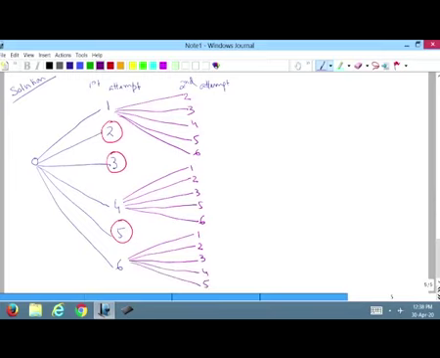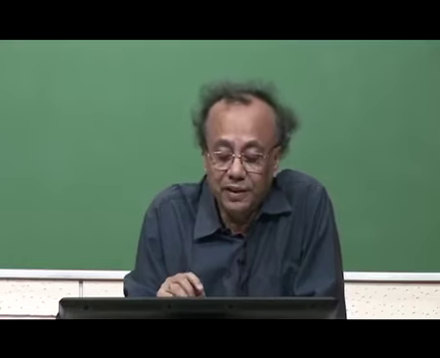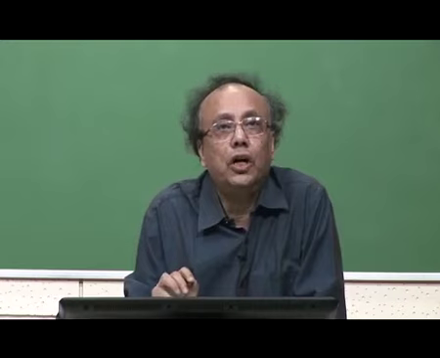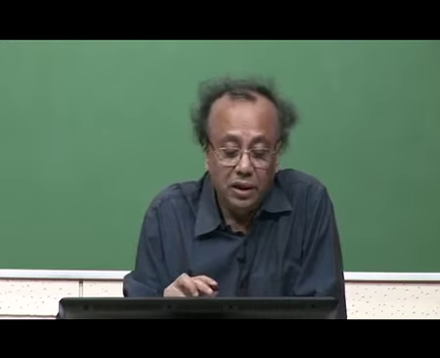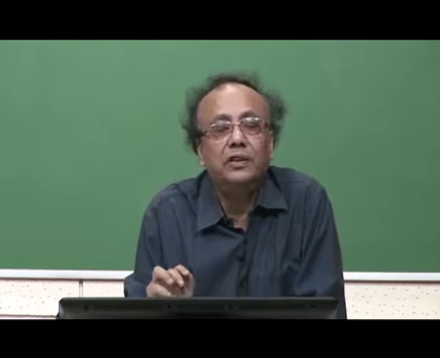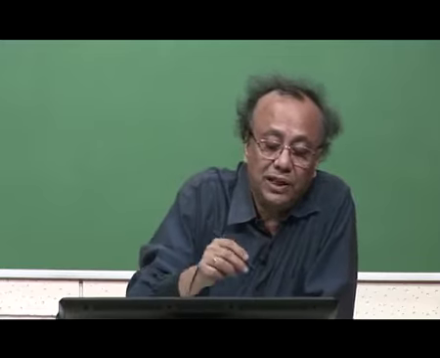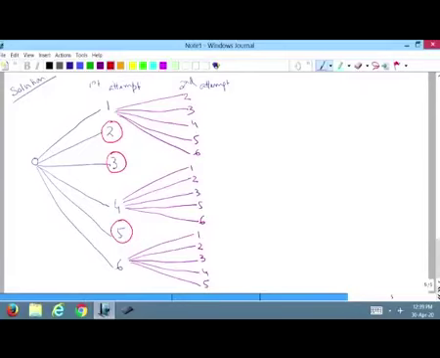Now, let us go back to the experiment. It says that if this is a prime, then we stop, or if the two numbers that we have picked up both are even, then we stop, else we continue for the third attempt. So, let us look at when we stop. So, this is where we stop, this is where we stop, and this is where we stop.